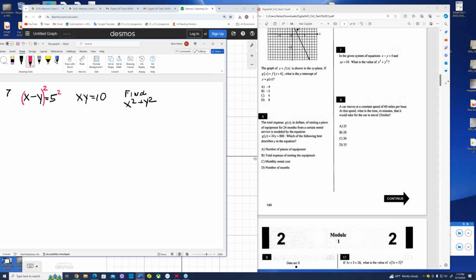Okay. According to the expanded form formula, we have x squared minus 2xy plus y squared equals 25. But xy equals 10, so this guy is 10. So negative 2 times 10 is negative 20.